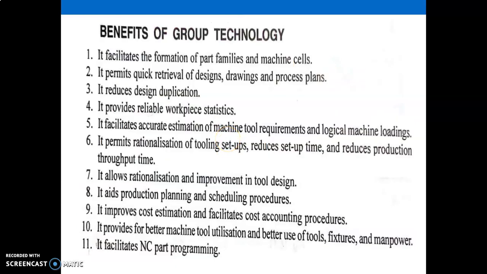Now we are moving towards the benefits of group technology. It has a large number of benefits and advantages, you can say. It facilitates the formation of part families and machine cells. It permits quick retrieval of design drawings and process planning.